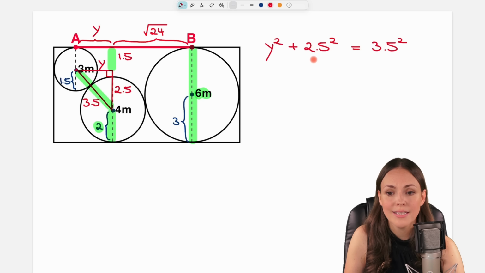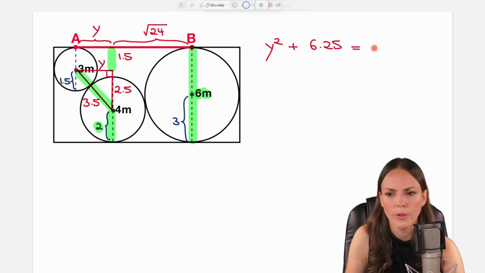If you calculate these numbers, 2.5 squared is 6.25, and this squared is 12.25.